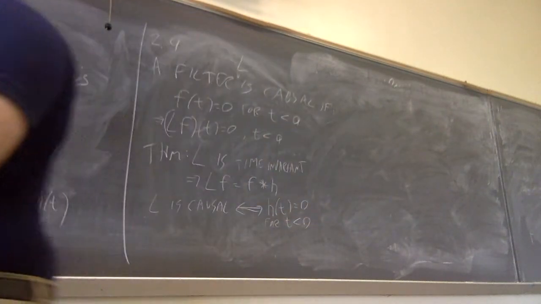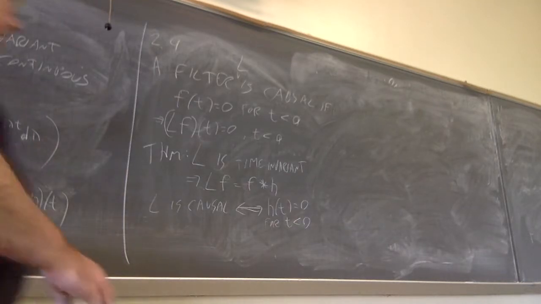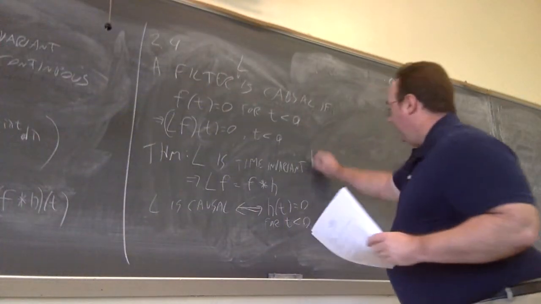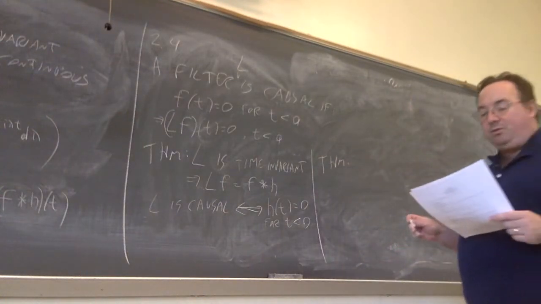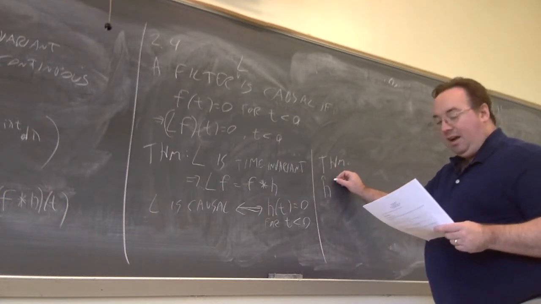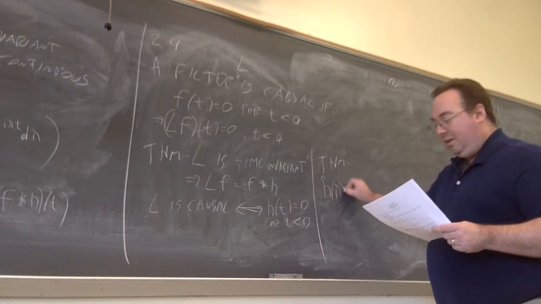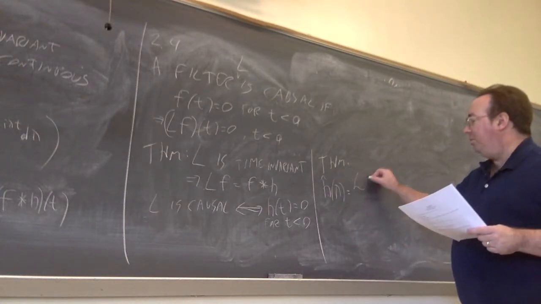Okay. Now, I'll just write quickly another theorem that goes with this one. That describes a Fourier transform of H. In the causal case, it happens to be a Laplace transform.